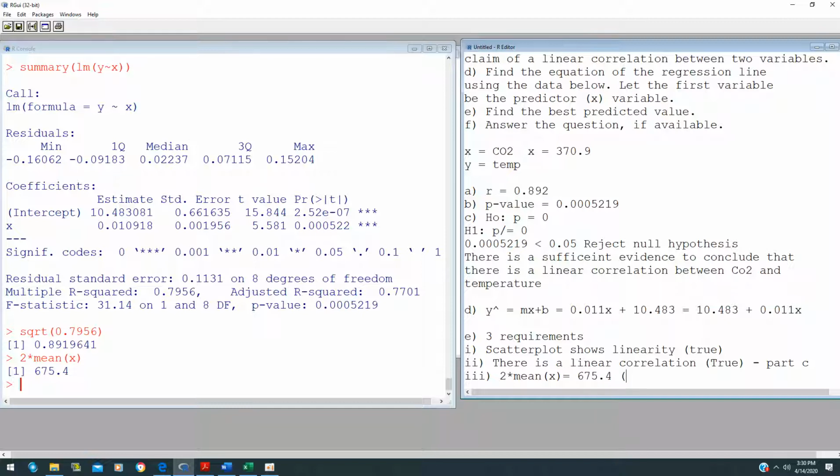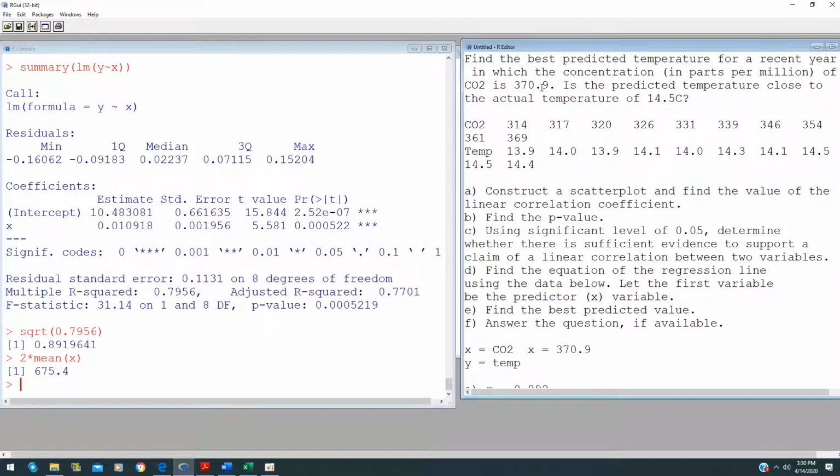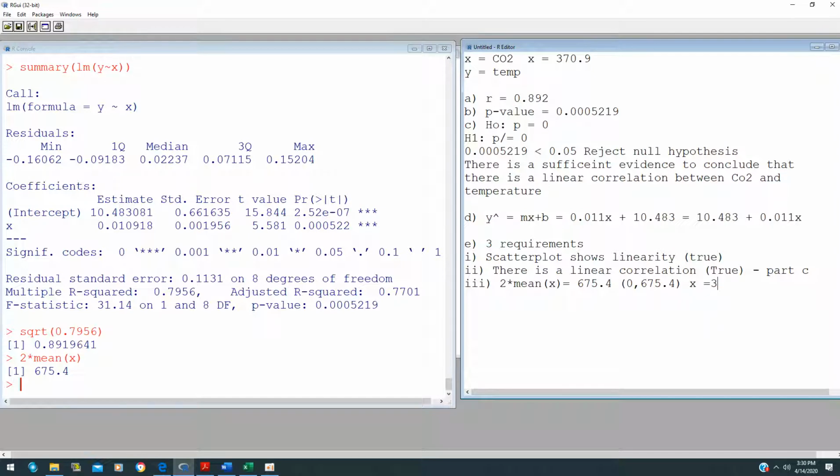So that means that your prediction value in this case should be between 0 and 67.4. And based on what we have here, if you remember what you need to substitute here, your CO2 is 370.9, so your x in this case is 370.9. So in this case, which is inside this range here. So no extrapolation here.